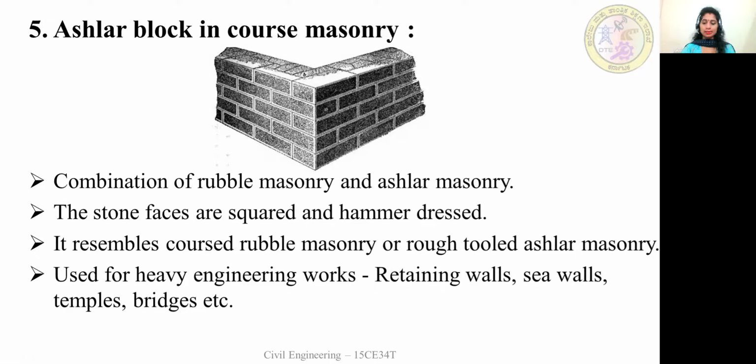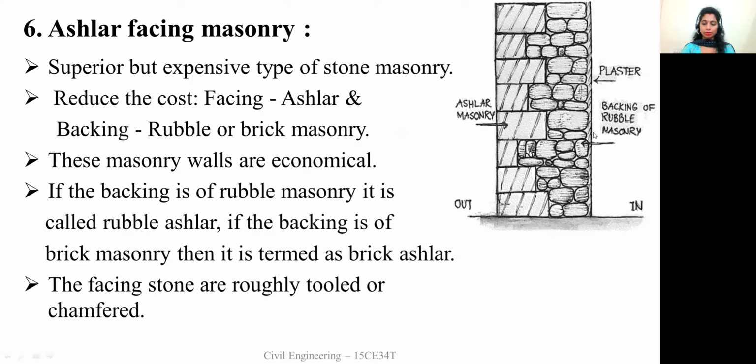Next, last term, we're going to see ashlar facing masonry. First observe the picture which is shown here. The facing of the wall is constructed by ashlar masonry and the backing of the stone is constructed by using rubble masonry.